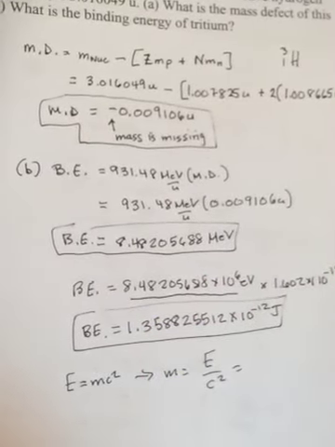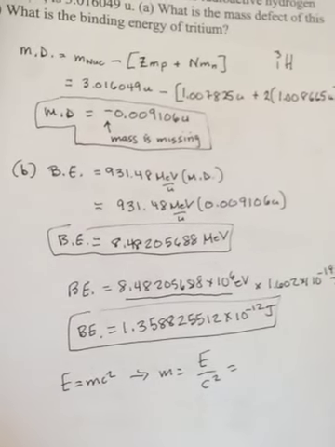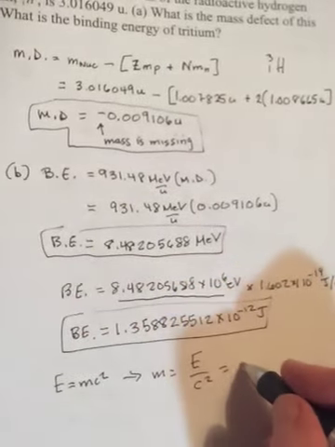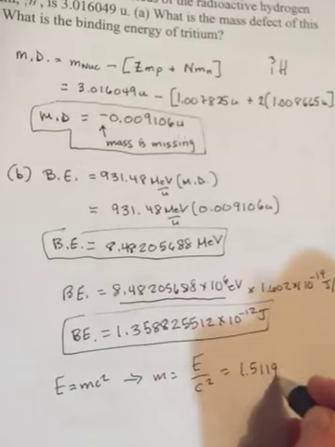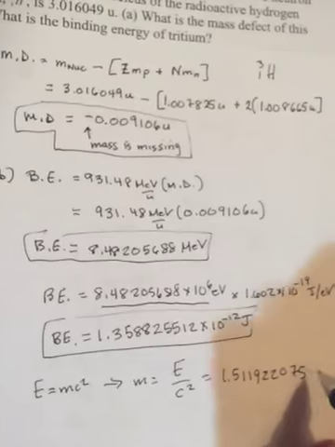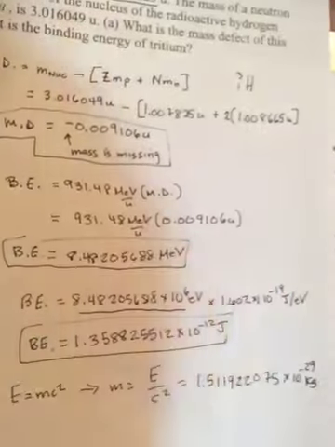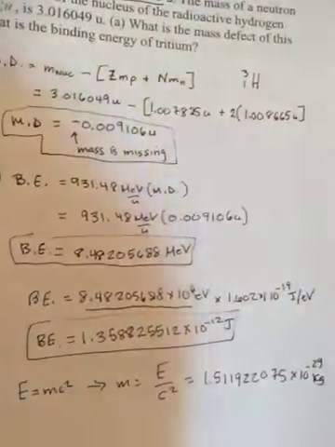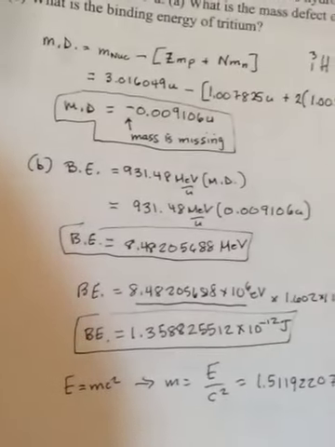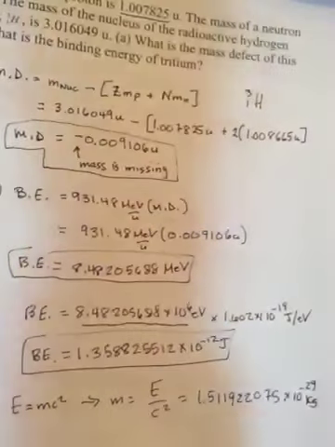So take that number, divide it by 2.9979 times 10 to the 8th squared, and you should get 1.511922075 times 10 to the negative 29 kilograms. Okay? So you don't have to ever then memorize that 1.66, etc. that I've never memorized. It's much easier to just remember 931.48. Okay? Or I think it is.